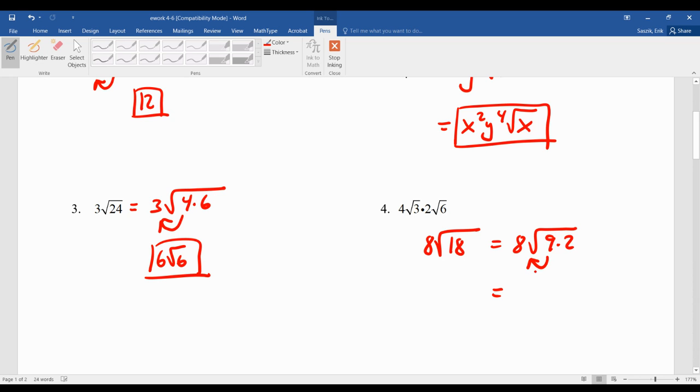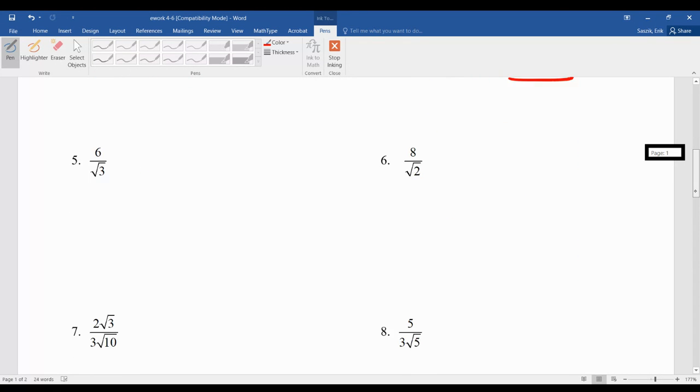Square root of 9, of course, is 3. Comes out and turns that 8 into 24 because you're multiplying, and you have that root 2 left inside. So those should have all been reviewed, especially the first three. Number 4 might have been a little bit tricky.